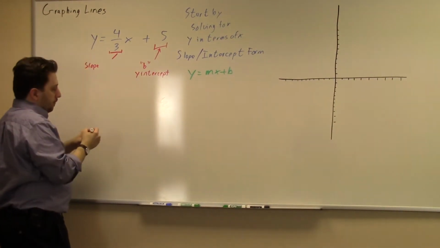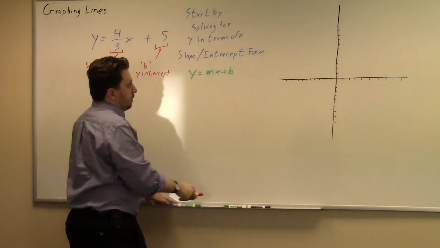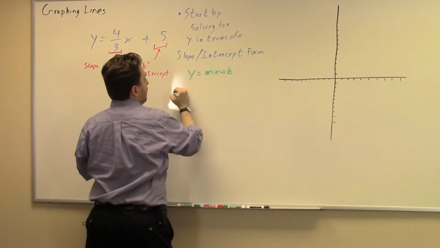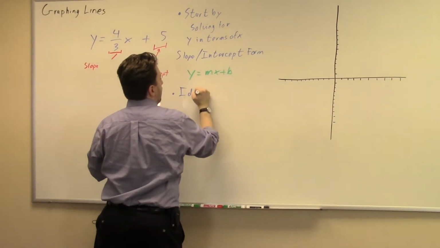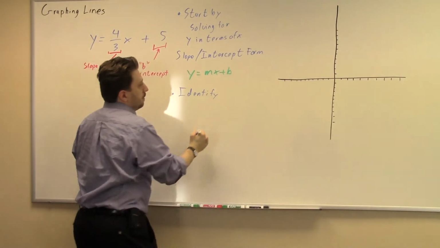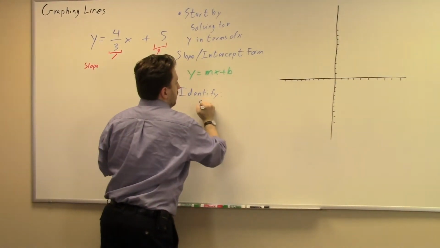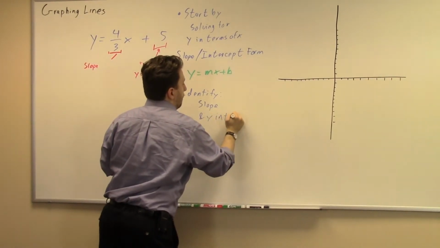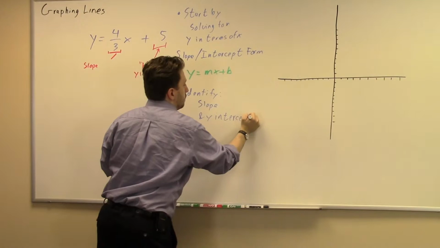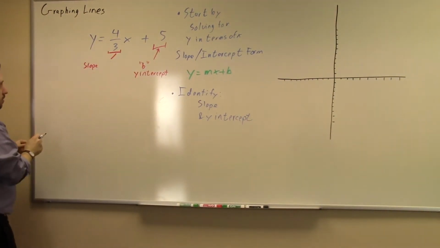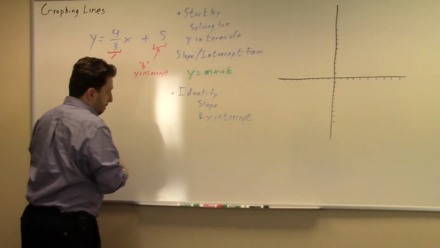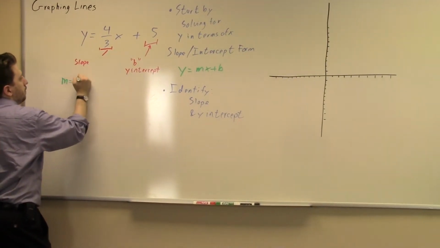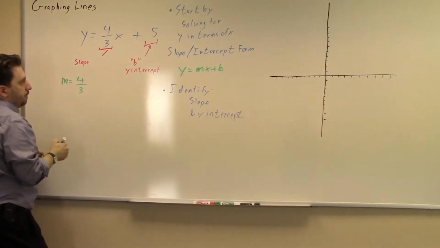Okay? So our next step in this process is to identify the slope and the y-intercept. So in this case, my slope is going to be 4/3.